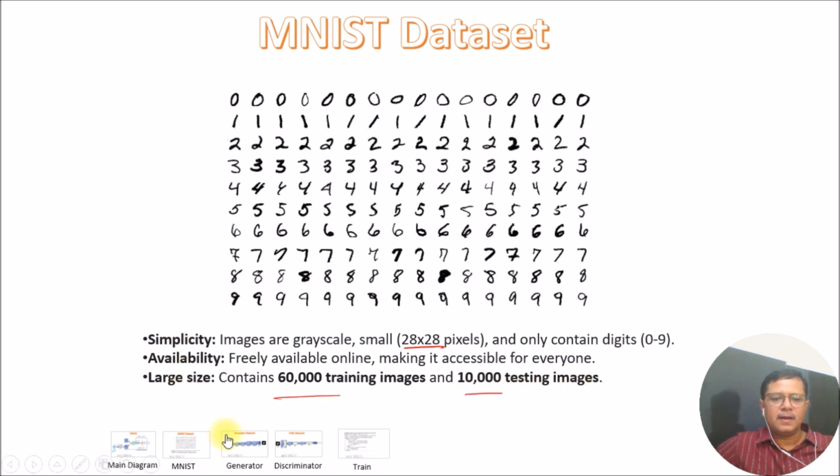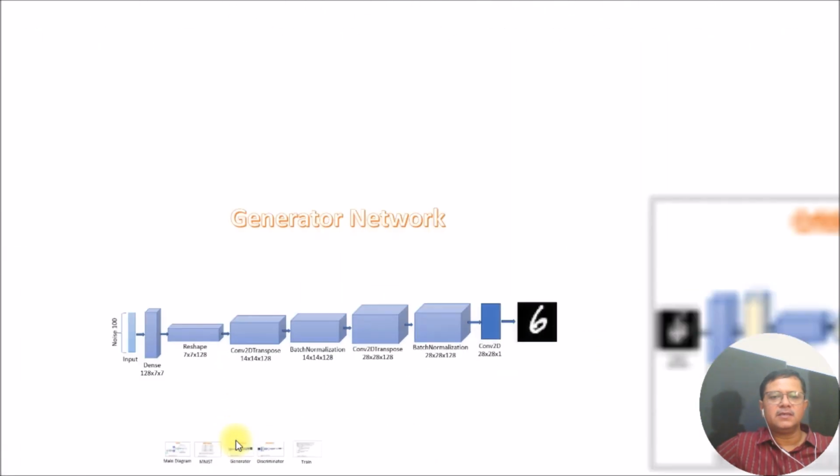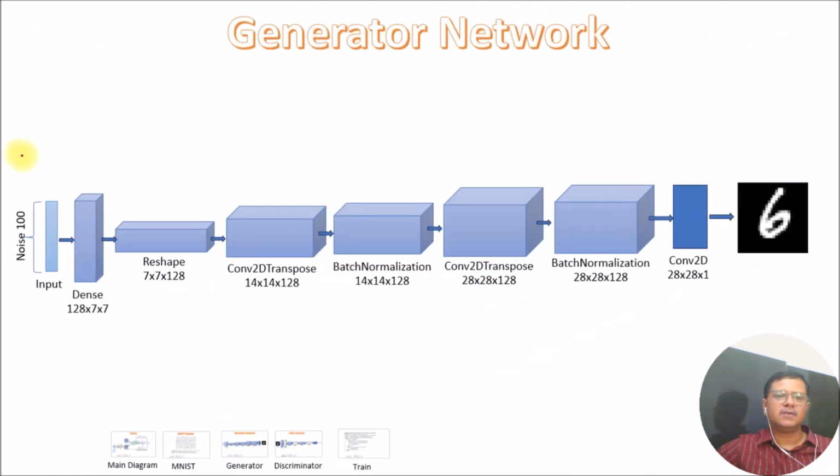And next is how the generator is working. The generator takes the noisy input data, then passes it through the dense layer, then reshapes it to a size of 7 into 7 into 128, and then applies the deconvolution operations by using Conv2DTranspose, and then applies batch normalization to avoid overfitting and to balance the data.